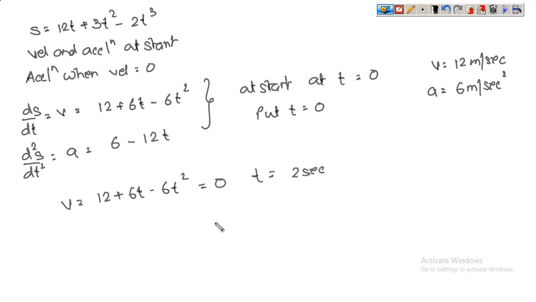So at t is equal to 2, you will have the velocity 0. Put this t is equal to 2 in the acceleration equation. So you get acceleration is equal to 18 minus 18 meters per second square. So this is one type of problem where you need to differentiate or integrate from one point to another and calculate the various parameters.